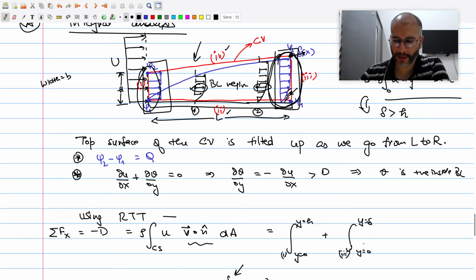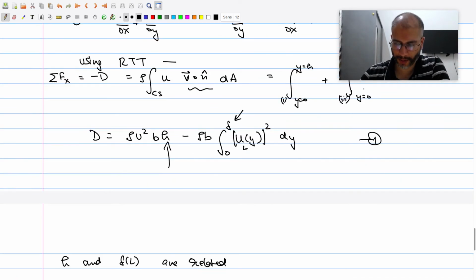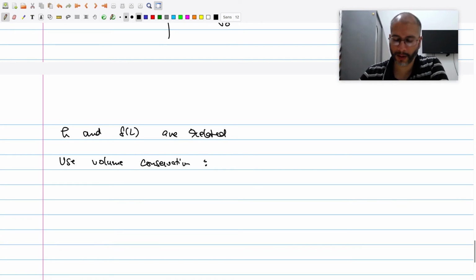That was because it's a streamline. So psi2 minus psi1 has to be 0, has to be the same on both sides. So what that means is, on the left hand side it's a uniform profile. So it's simply area times velocity. The velocity is U and the area is the plate width b times the height h, the height h of the left hand side, height of the control volume.